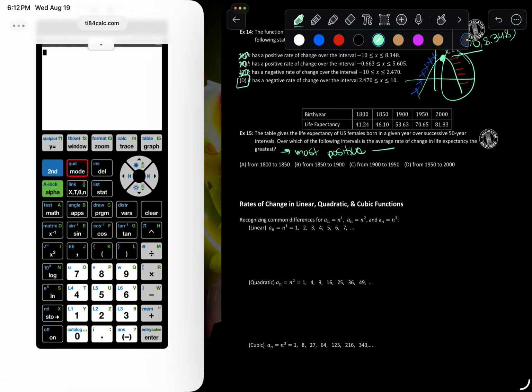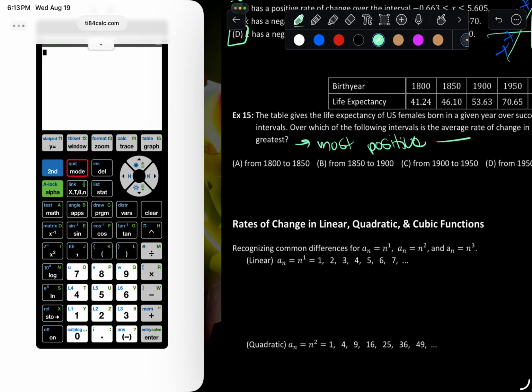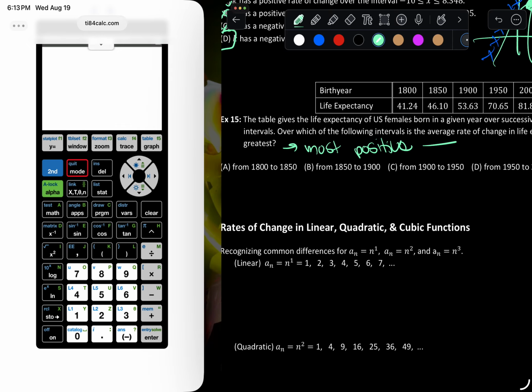This is a classic average rate of change problem. That should be the word that jumps out to you. If I think average rate of change, I think y sub 2 minus y sub 1 over x sub 2 minus x sub 1. Now the difference between all of the years is going to be 50, so the denominator should be 50 for all of these. If I look at part A, it says 1800 to 1850. In 1850, it was 46.1, and in 1800, it was 41.24.